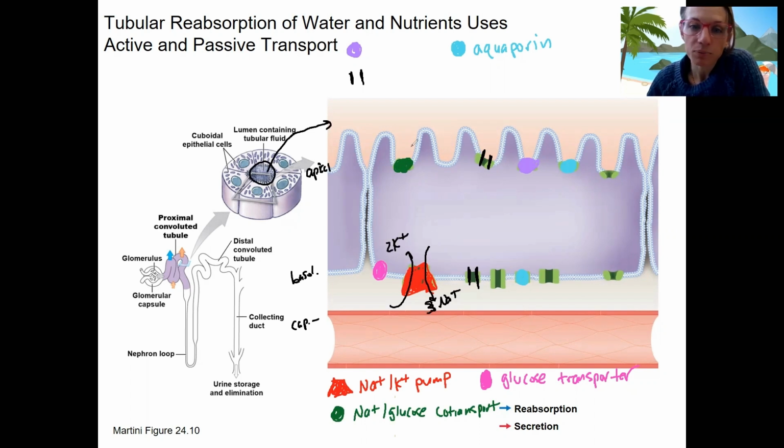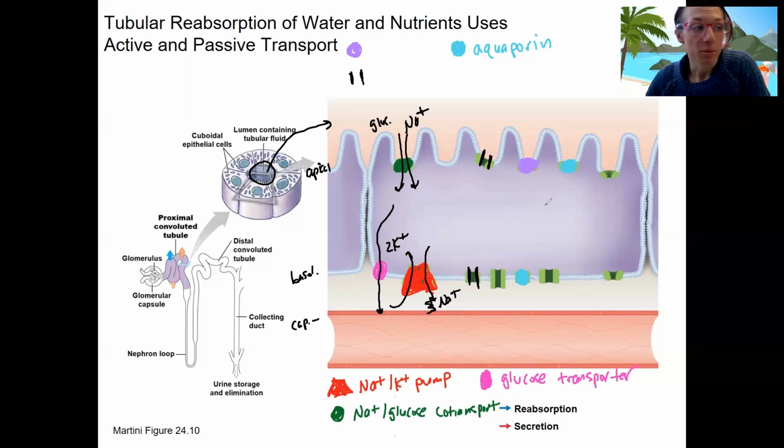So because of this gradient, we can move glucose and sodium in. That is actually reabsorption of glucose, the sodium glucose cotransporter. Once glucose is inside the cell, it can diffuse out through the glucose transporter. This is facilitated diffusion.